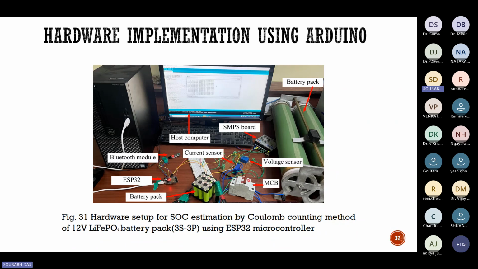Then the battery will discharge through that load, and if that load does not have any protection, the DC supply may be damaged. That's why the MCB is required.